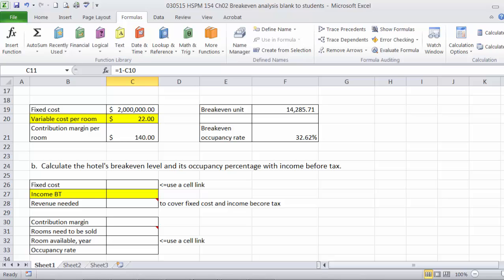Your target, before tax. All right. So let's use link. We link it to the fixed cost. All you have to do is type an equal sign and the cell address. So income before tax, that's 2.5 million.